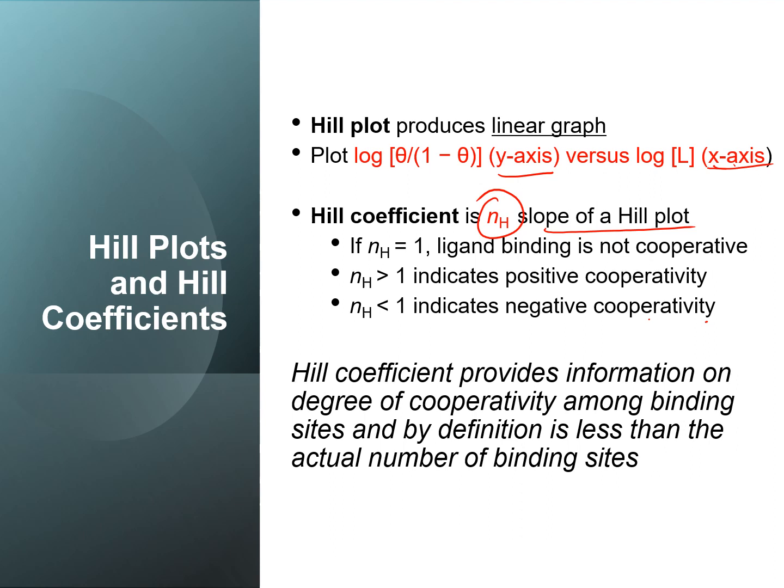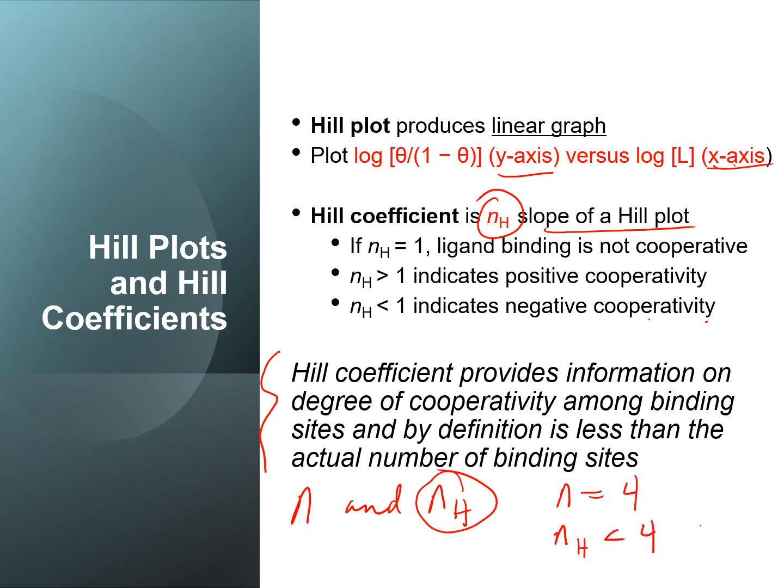Now I want to comment on N and NH. The Hill coefficient in reality, NH, is always less than the actual number of binding sites. So technically N equals 4 for hemoglobin given the 4 binding sites, but NH is always somewhat less than 4.